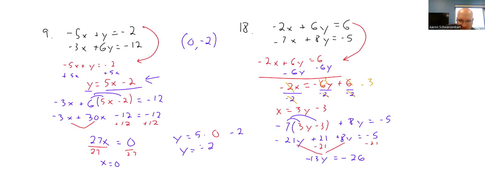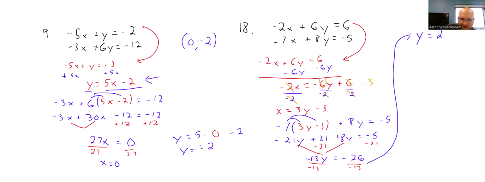I will divide by negative 13 on each side. And notice, yes, I did run out of space. It's okay. I'm going to come up over here. Negative 13 over negative 13 leaves me with just a y on the left. And negative 26 divided by negative 13 is 2.